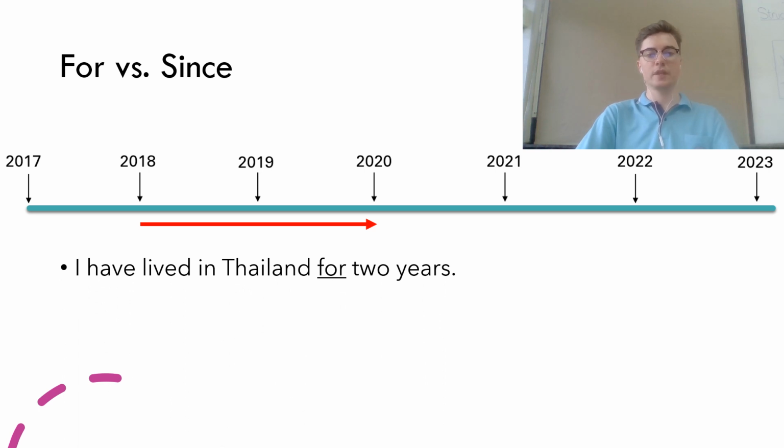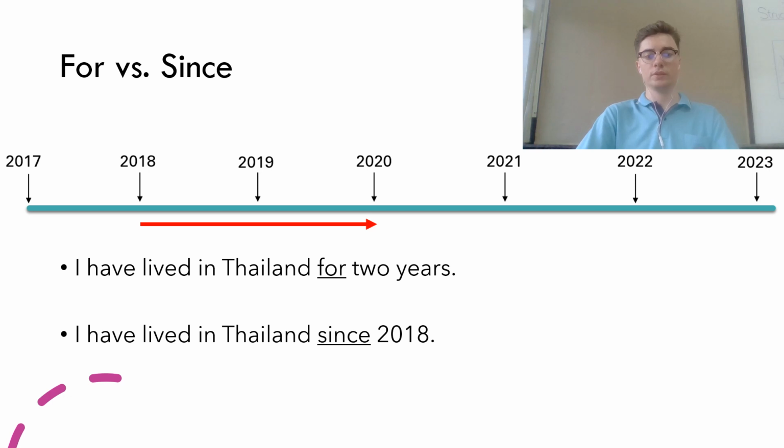So I have lived in Thailand for 2 years. Or I have lived in Thailand since 2018. You cannot say I have lived in Thailand for 2018. And we cannot say I have lived in Thailand since 2 years.